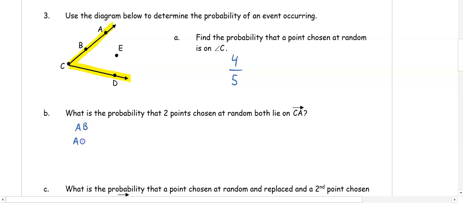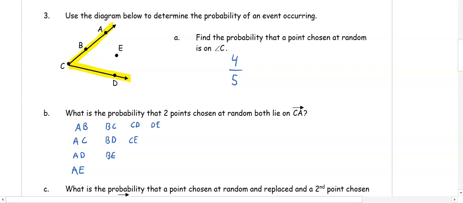So first I'm going to pair A with everything. So A, B, A, C, A, D, and A, E. Then when I move to B, I'm not going to worry about BA because like we said, order doesn't matter. So we just have BC, BD, and BE, CD, and CE, and DE because we're not worried about the reverses, okay?